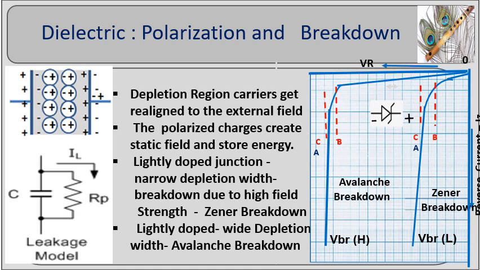A lightly doped junction creates a wider depletion width region. At higher reverse bias, the static field intensity dislodges electrons, which accelerate, collide and impart energy to create an avalanche. This carrier multiplication phenomenon is known as avalanche breakdown. Thus the reverse biased diode, that is a parasitic capacitor, enters into electrical breakdown.